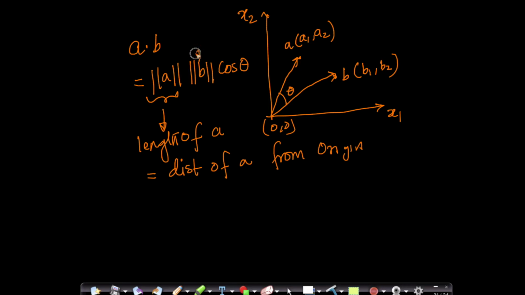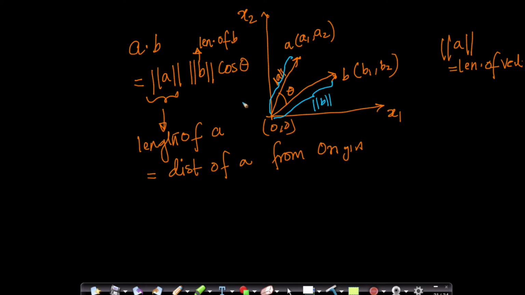Similarly, this is the length of B. The length of a vector is represented with two bars surrounding it. So what is A with two bars around it? It is nothing but this length, and this length is nothing but B. So A dot B is nothing but the length of A multiplied by the length of B multiplied by cos of the angle between them.